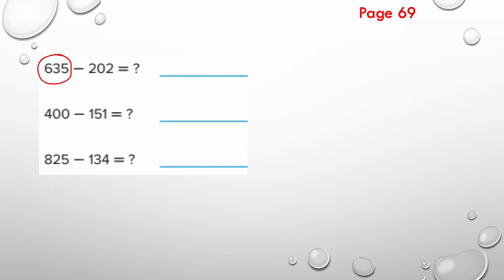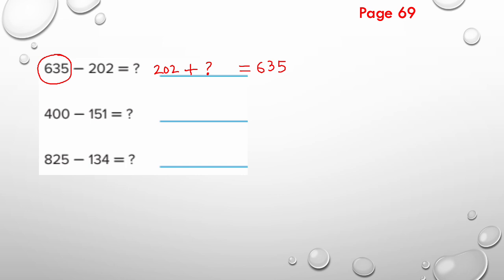So whenever you need to change a subtraction equation into an addition equation, the first number will be the last number, 635. The first number of the subtraction will be the answer of the addition equation. So 635 is the first, which is the biggest number, and that will be the last one, that is the answer, 635. Now we can write 202 plus the question mark equals 635.